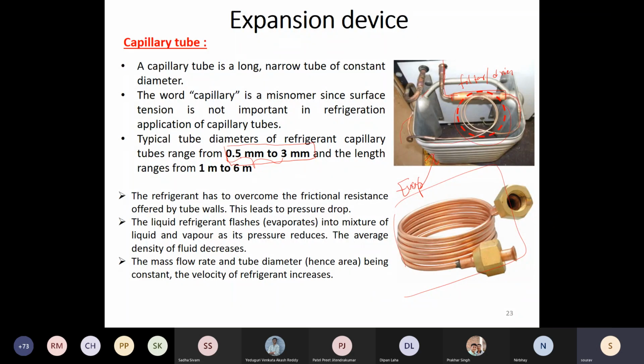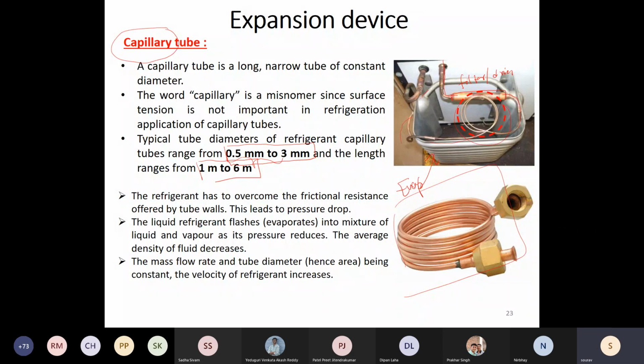For surface tension to be dominant, you need even smaller diameters. So even though we call it a capillary tube, there is no capillary action. Okay, the tube diameters could be as big as 3 millimeter. 3 millimeter is quite a big diameter. And the typical length that we will get is somewhere between 1 to 6 meters.